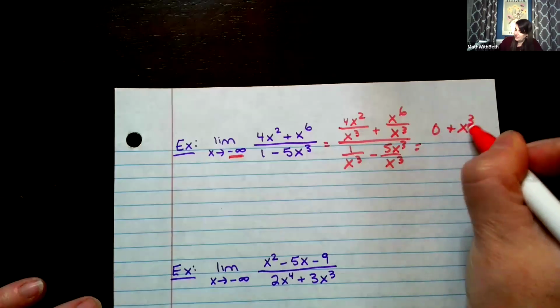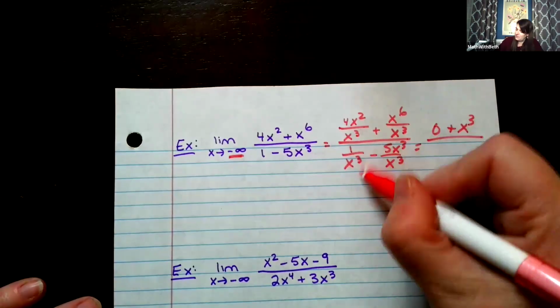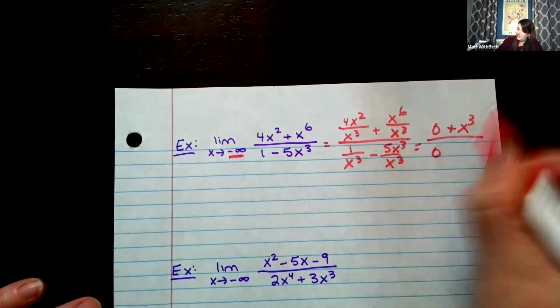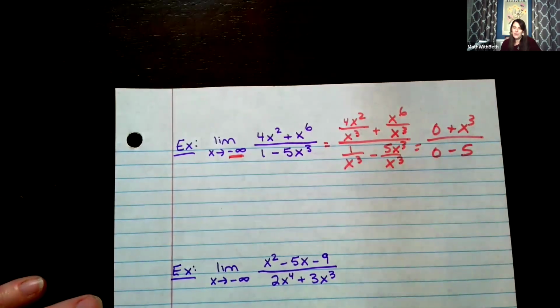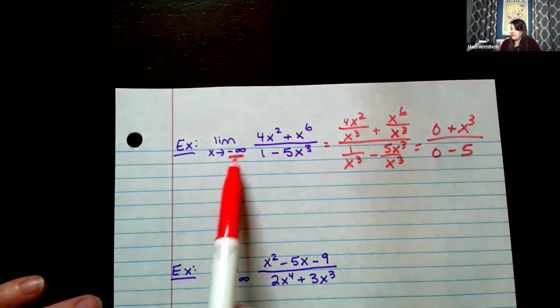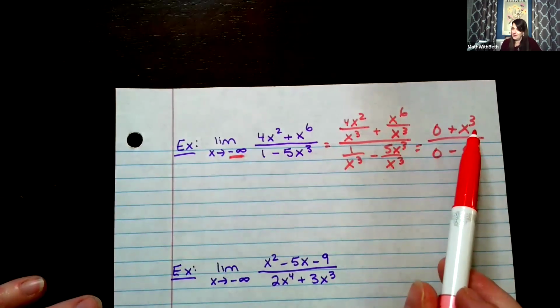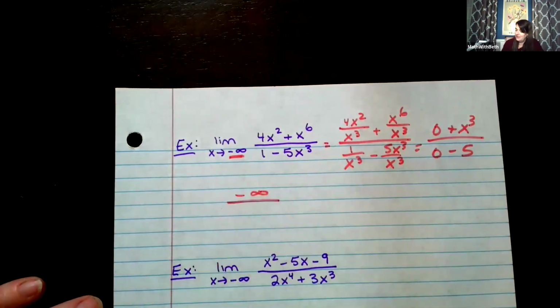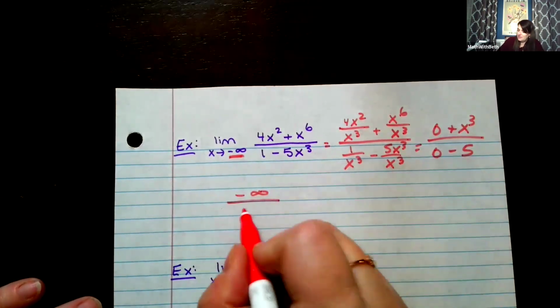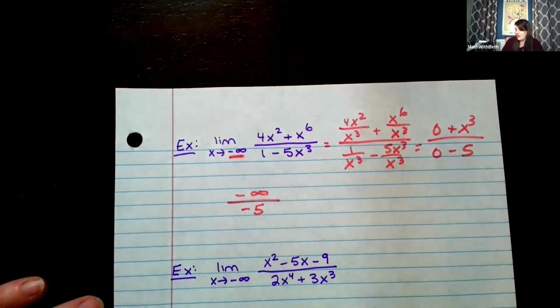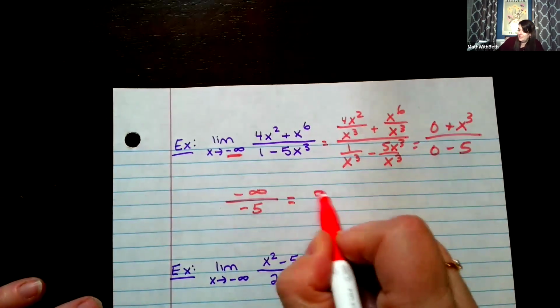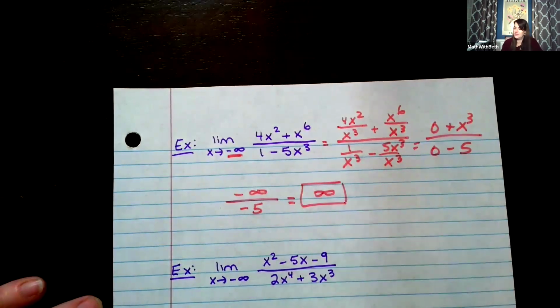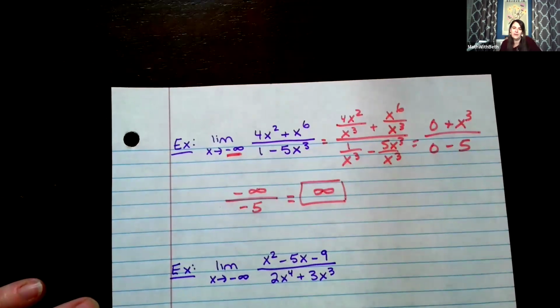This would be x to the third, so it's still there. This would be 0. This would be -5. Same problem we just did, but I'm plugging in a negative infinity. So negative infinity raised to the third will still be negative, but 0 minus 5 is also negative. So this time it turns the answer into positive infinity.